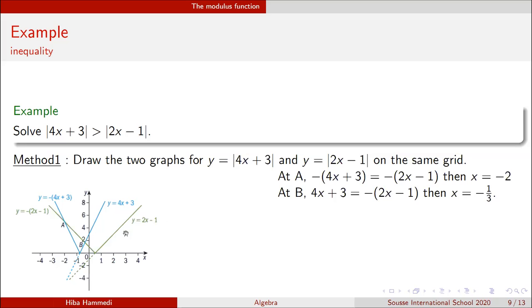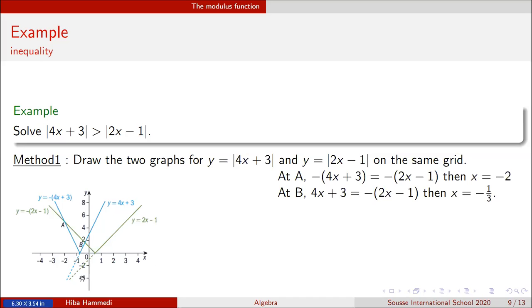So I see here that the 2 graphs meet at the 2 points A and B. And at A, I have the equality with negative 4x plus 3, because on this region I'm doing the reflection of the graph y equals 4x plus 3 in the x-axis.